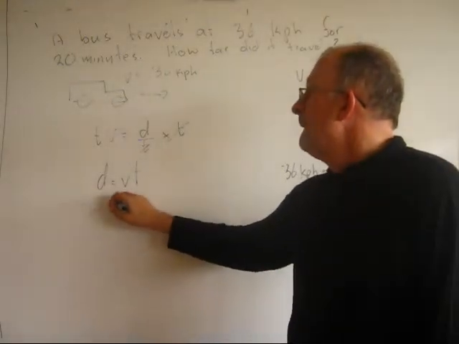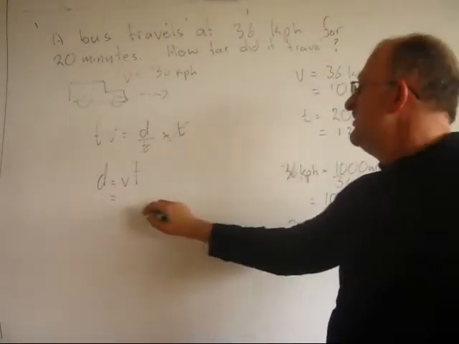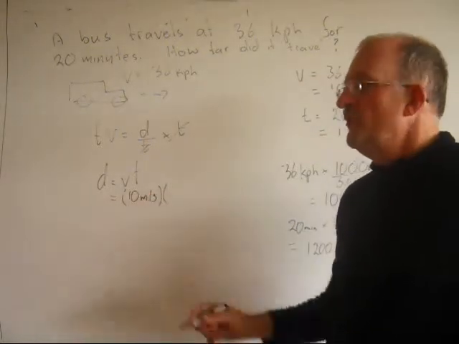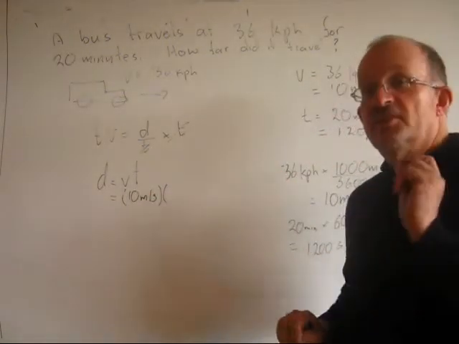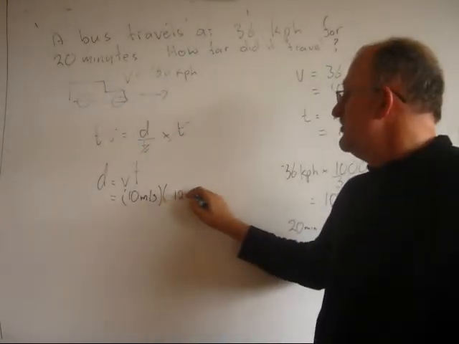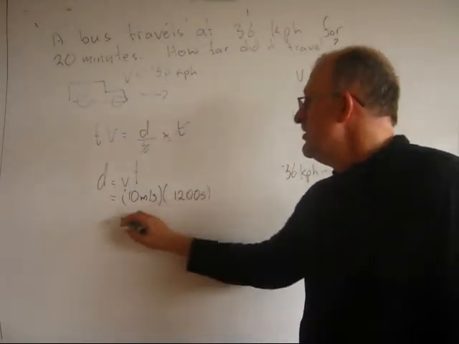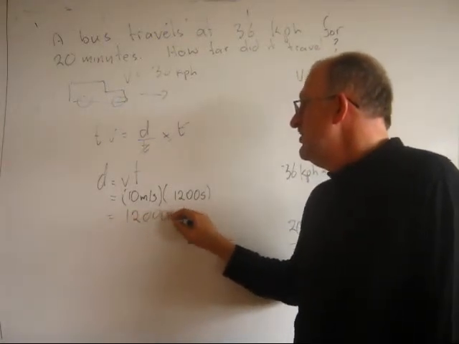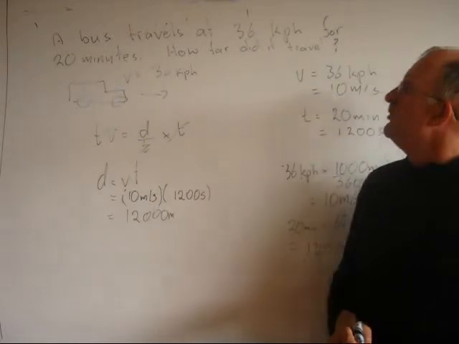The velocity is 10 metres per second times, remember when we just run two numbers next to each other, that means times, 1,200 seconds, equals 12,000 metres.